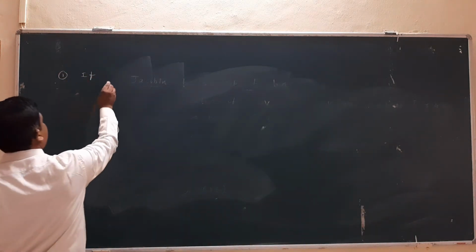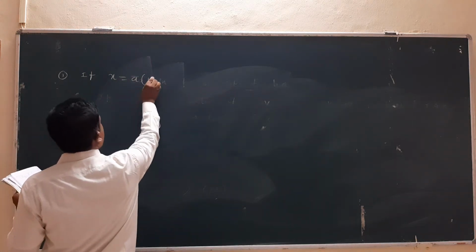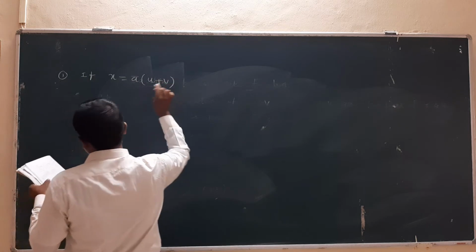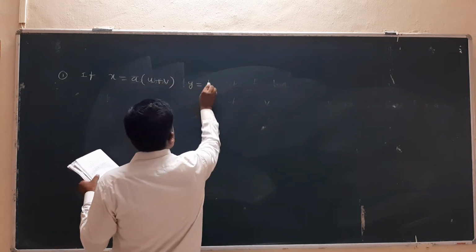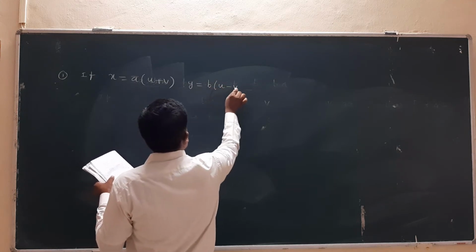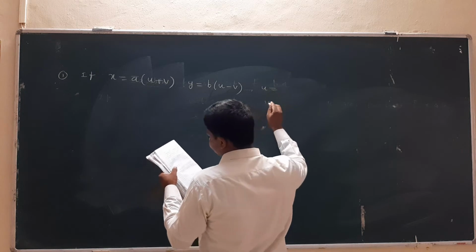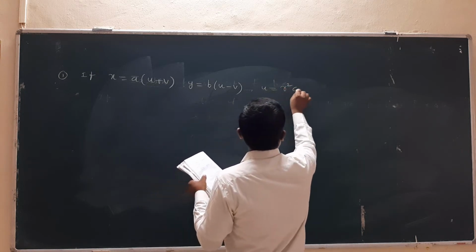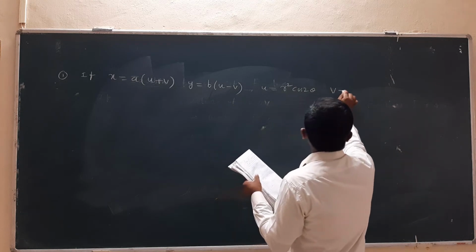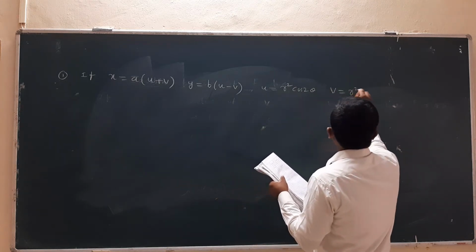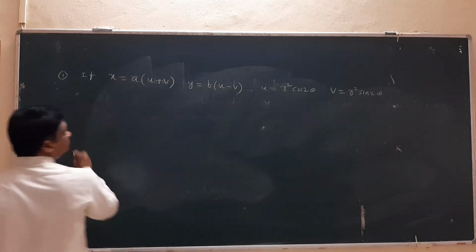If x is equal to a into u plus v, y is equal to b into u minus v, u is equal to r square cos 2 theta, v is equal to r square sin 2 theta.